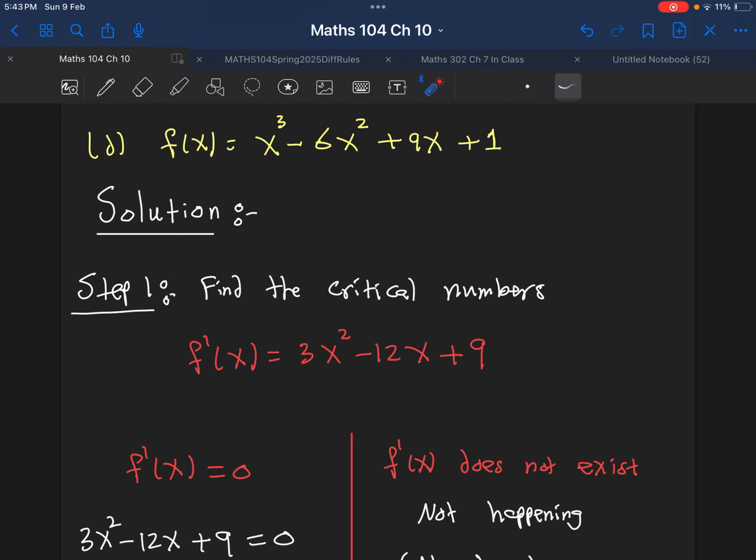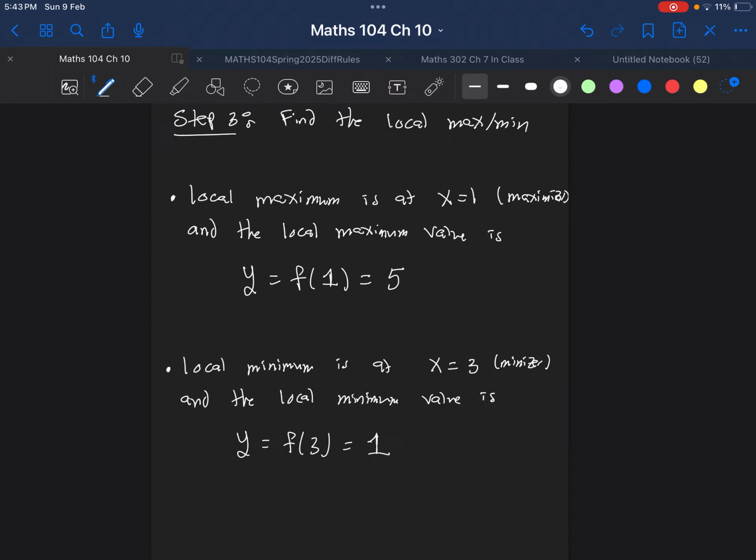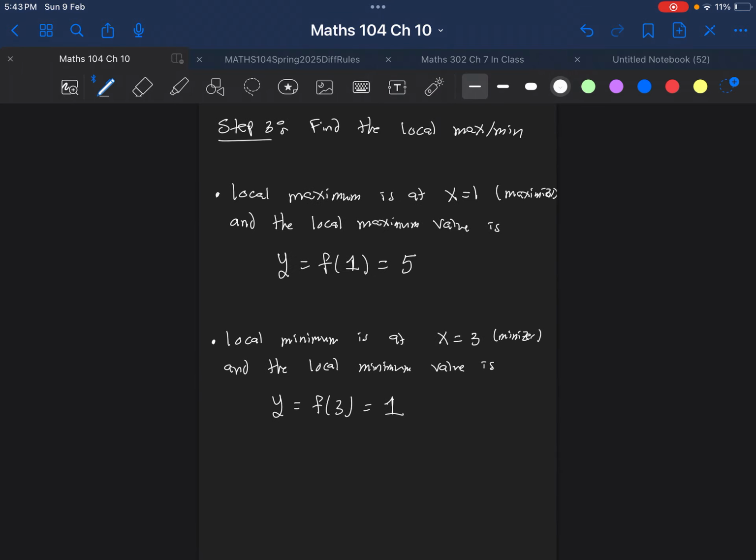Whatever we get after we substitute 3, that's the local minimum, and the answer is 1. And that's how we do the 3 steps to solve this question.